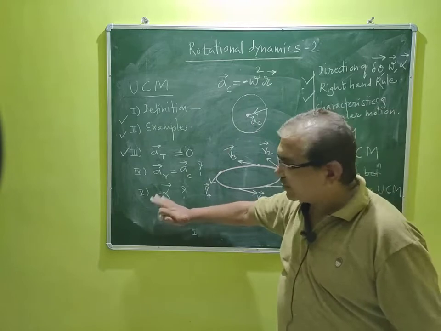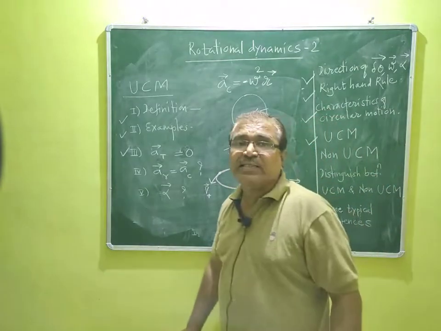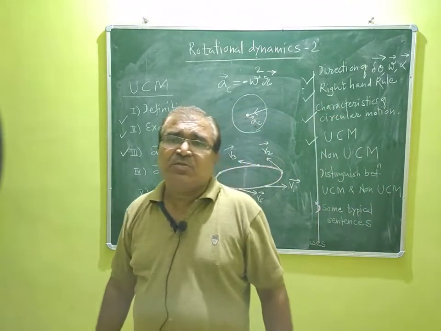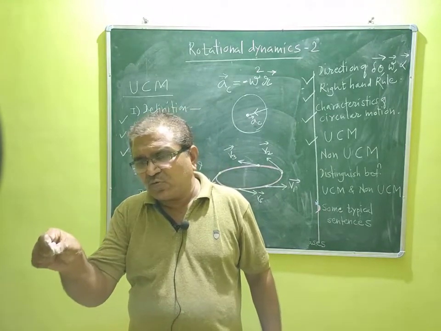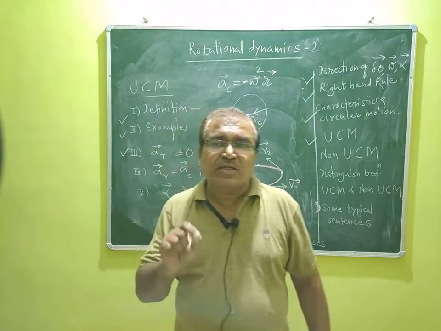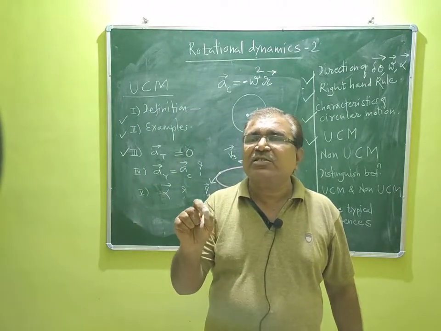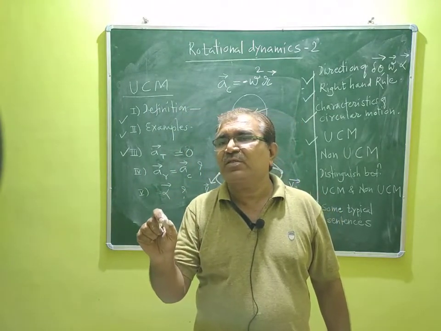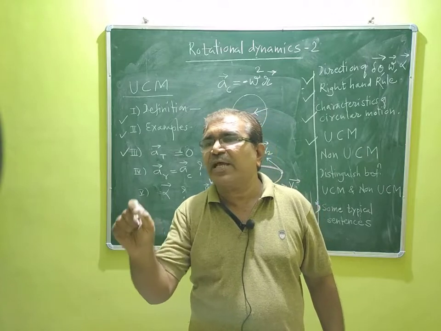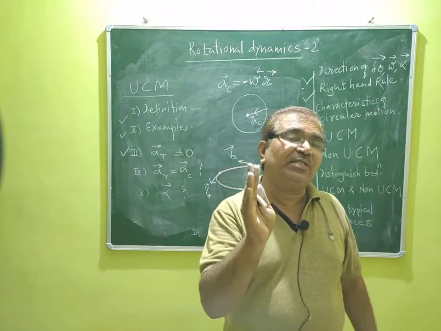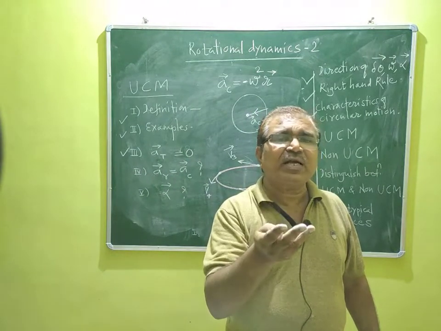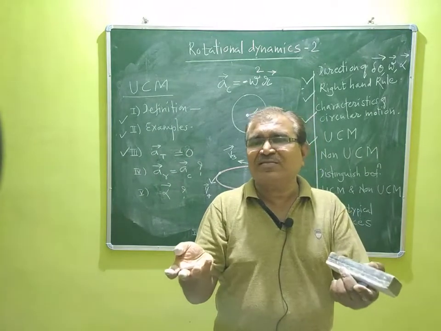Then what about alpha, angular acceleration? Write down this sentence in your notebook, dear guys. Angular acceleration depends upon the change in angular speed. If the angular speed changes, then angular acceleration is born.